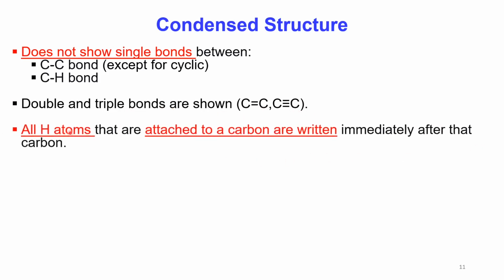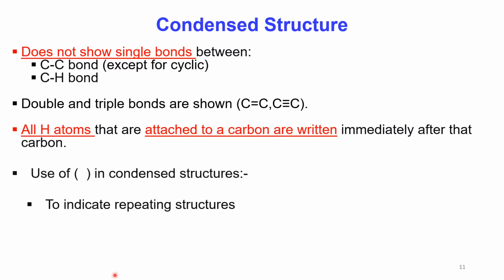Okay, all hydrogen atoms that are attached to carbon are written immediately after the carbon. So in a condensed structure, after we write the carbon atom, we need to write the hydrogen atoms after the carbon to show the bonding between carbon and hydrogen.